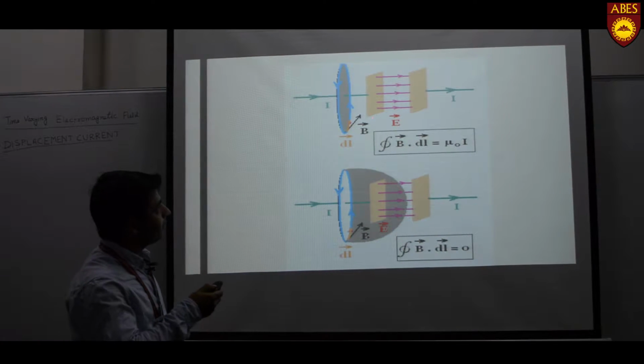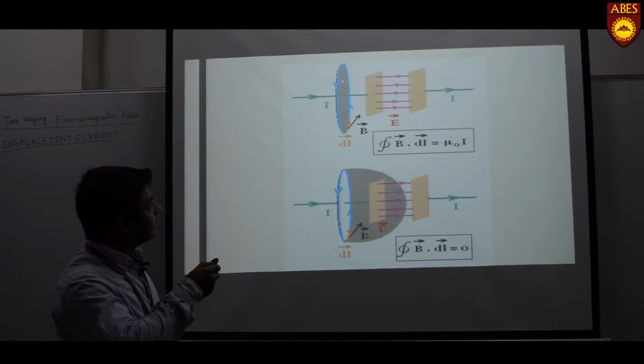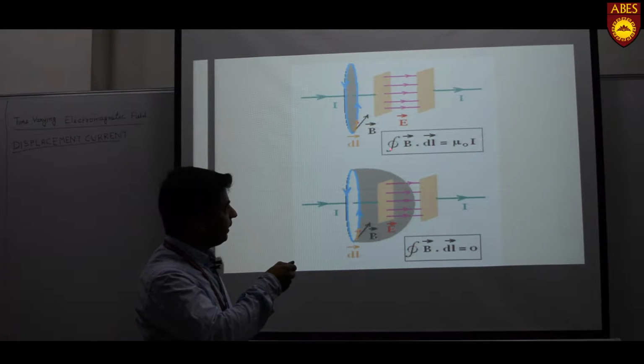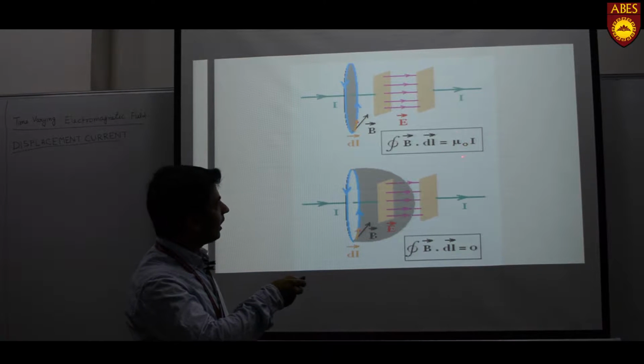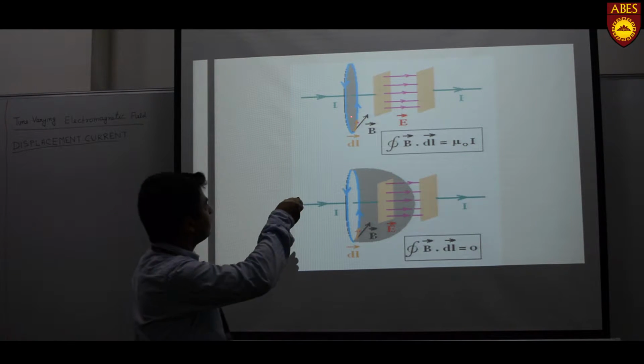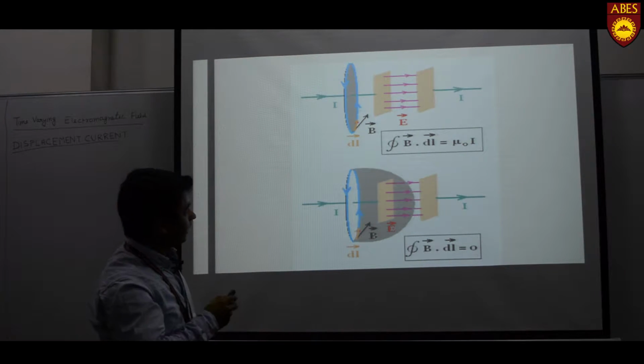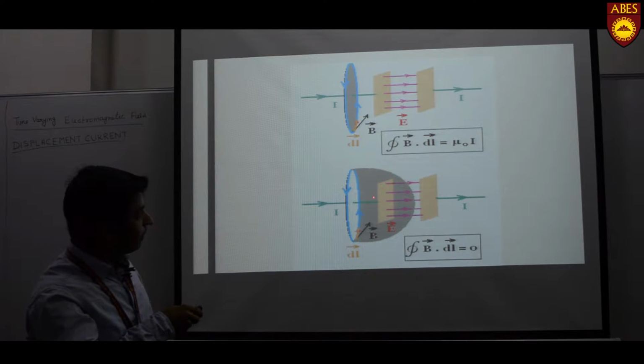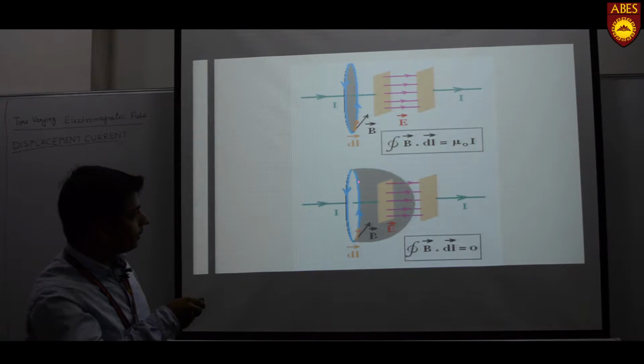But from the first figure we can see that the closed line integral of B dot dl is equal to mu naught I from Ampere's law, and this surface holds some current I. But for the same closed path, if we take the second diagram, this surface does not contain any current.